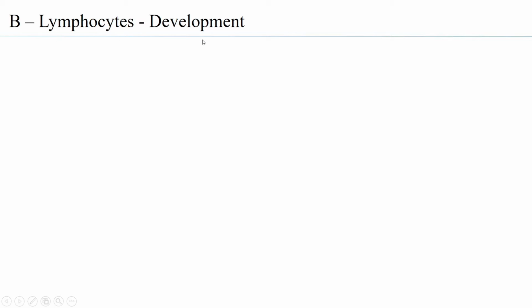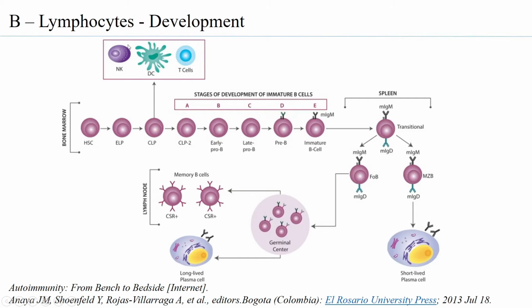The development of B lymphocytes is a long journey from the bone marrow, which is a primary lymphoid organ, to various secondary lymphoid organs where it further differentiates to form several subsets. So this is an overall journey of how B lymphocytes develop.